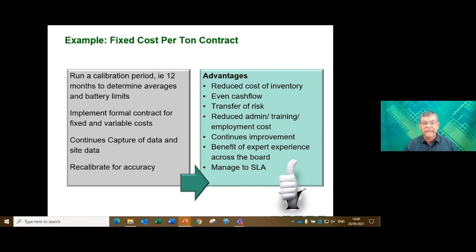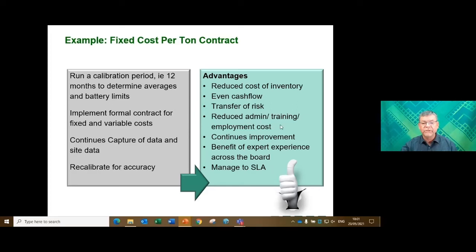The nice one that our friends from the finance department like is that it evens out your cash flow. The spikes disappear, and the cash that oils the machines looks a lot better at the end of the day. There's a transfer of risk through the OE in terms of performance of the plant and the products, which is very valuable.